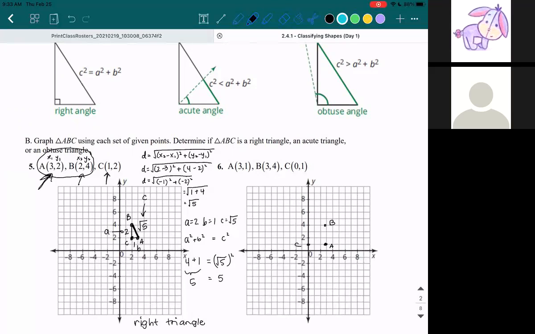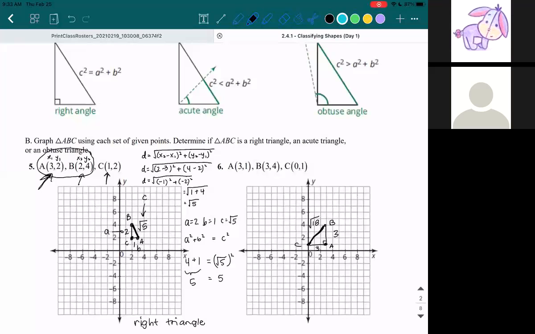This is your C. Okay, so I really wanted you to try this out on your own. If you try this out on your own, you will find that this is a 3, you can count the boxes. This is a 3, you can count the boxes. And when you use the distance formula, we've got plenty of examples of distance formula, so I think you guys can do it on your own. This third side length between C and B, you would get square root of 18.